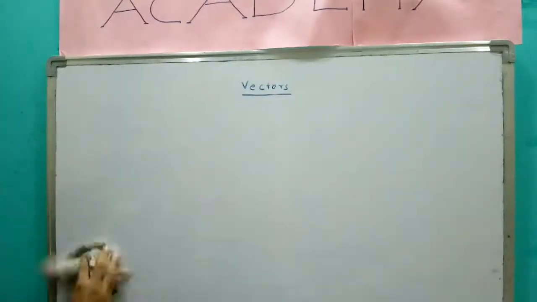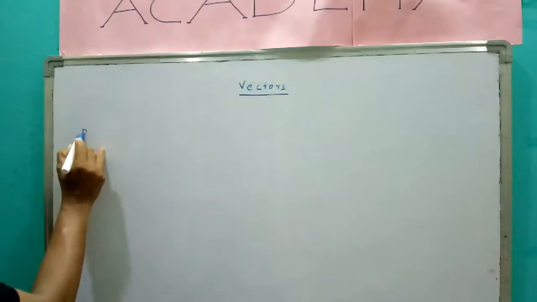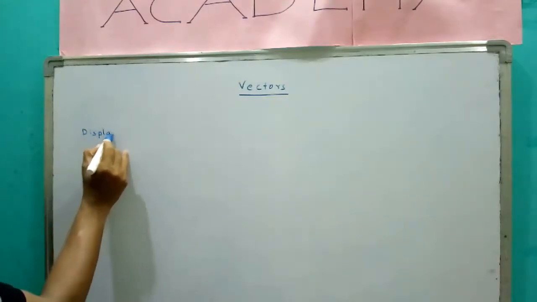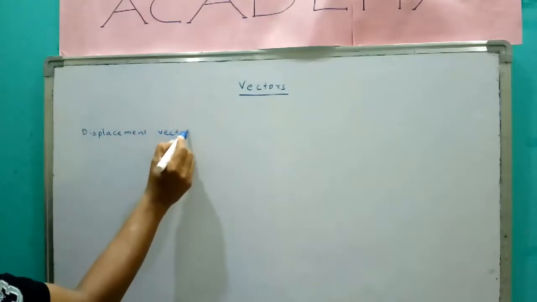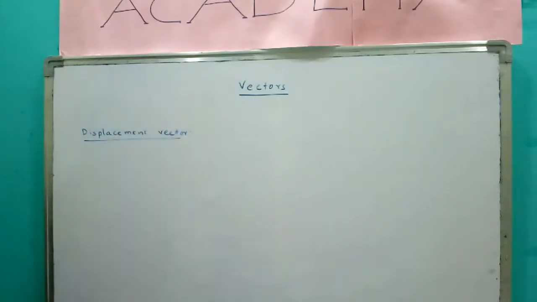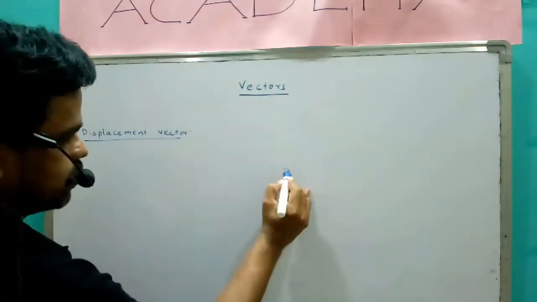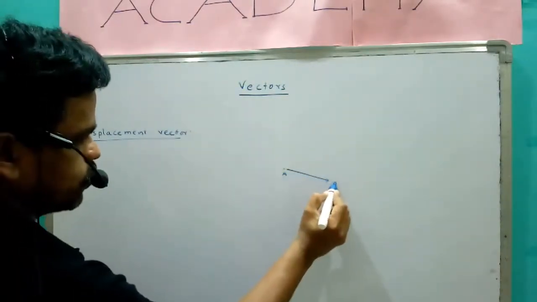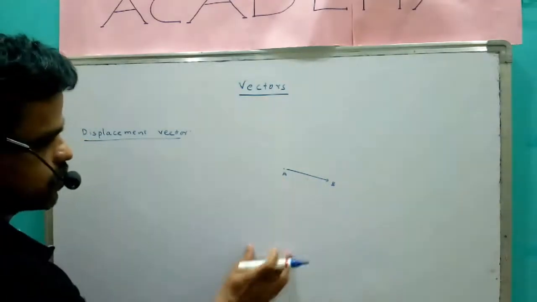Now we are discussing the displacement vector. Say a particle starts from A and moves to B. So what happens here? It is displaced.